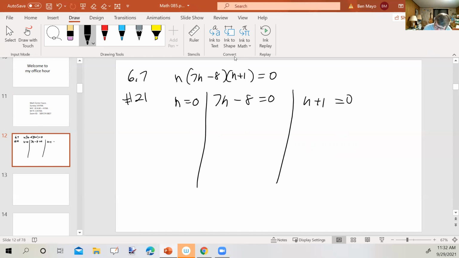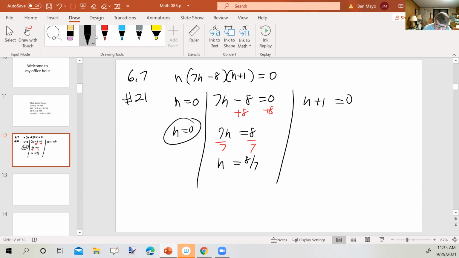And then go back and solve each first degree or linear equation. Well, if h equals 0, then h equals 0. If 7h minus 8 equals 0, we'll add 8 to both sides of the equation. 7h equals 8. Divide both sides of the equation by 7, and we get h equals 8/7.